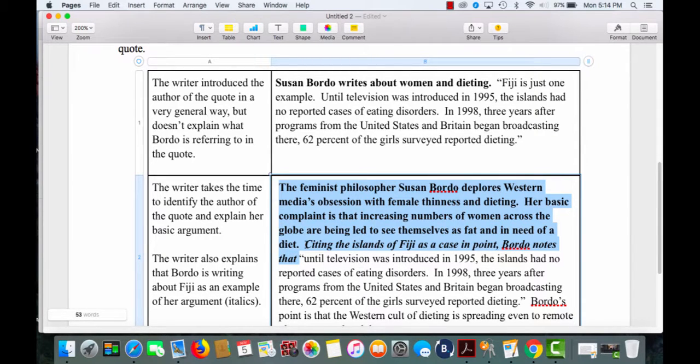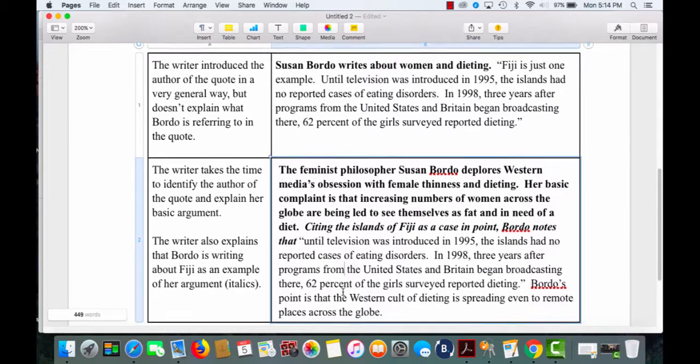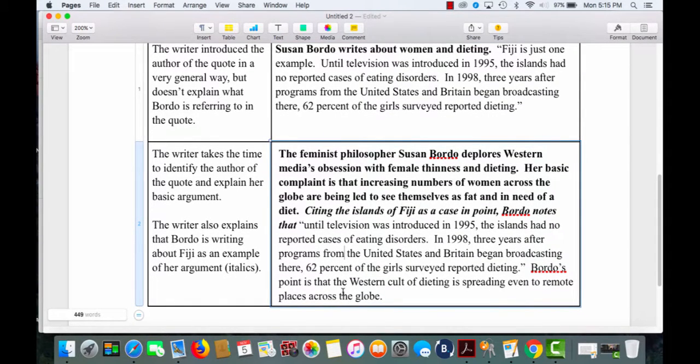And this little part that's highlighted is language that leads directly into the quotation and is tailored so that the grammar written by the writer here matches and transitions very smoothly into the quotation that was written by the author, Susan Bordeaux. So that's what you are shooting for.